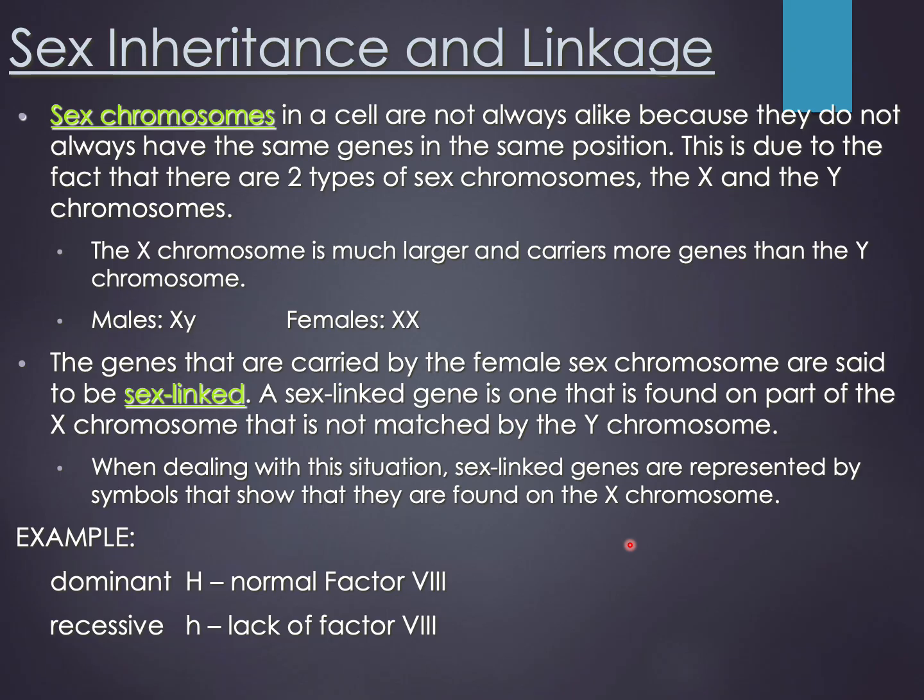An example would be hemophilia. Hemophilia is a recessive trait, usually represented by an H, also known as factor VIII. Lacking it would be the recessive. Dominant is without hemophilia, and it's sometimes also known as the normal factor VIII.